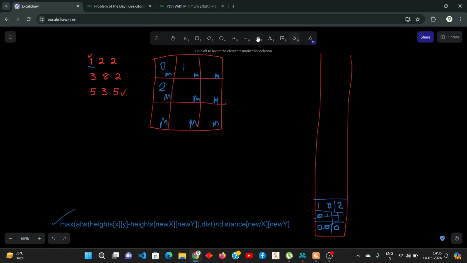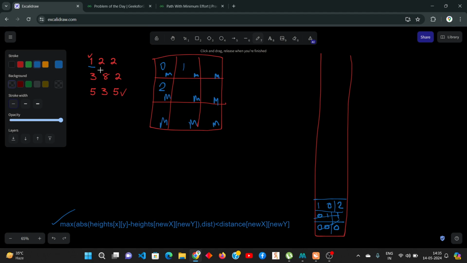Okay. So now we have this node. So we can consider the adjacent nodes of this. So the previous weight is 1, and let us make this clear.